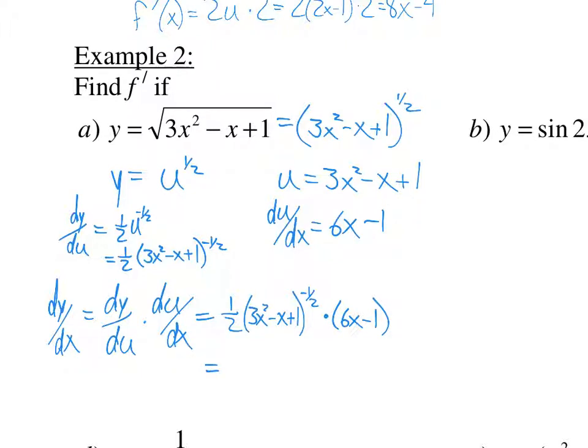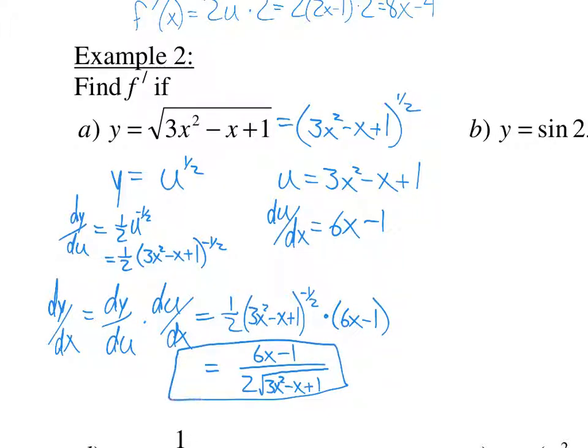The 6x minus 1 will be in the numerator because it has a positive exponent. The 2 is down here, and I'm going to translate this negative 1/2 power into a square root in the denominator. So 2 square root of 3x squared minus x plus 1 is the denominator. And that would be our final answer for dy dx.